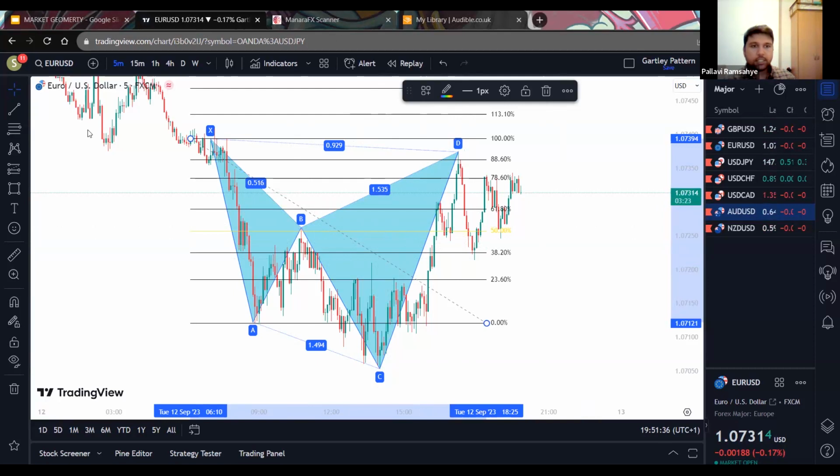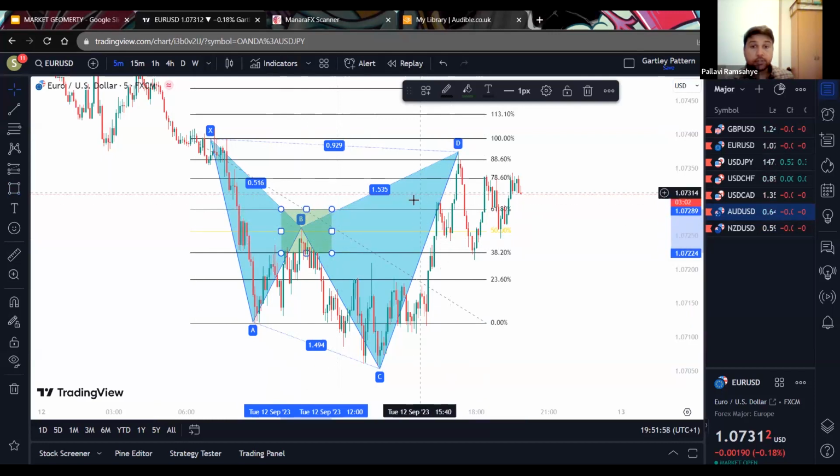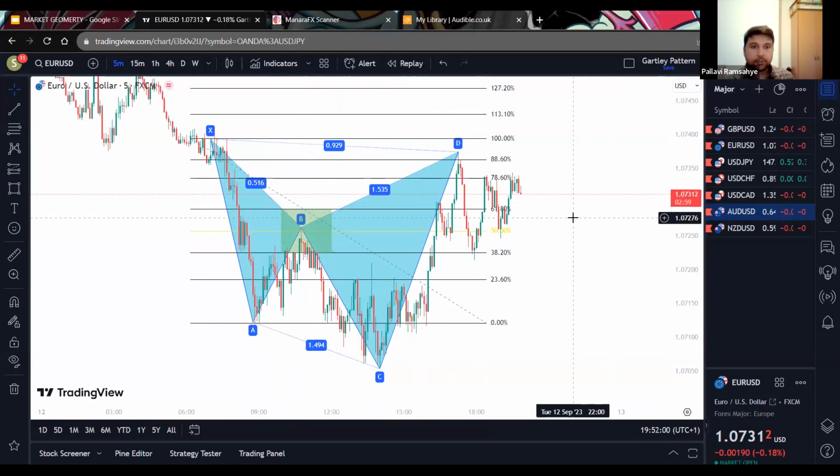Any particular percentages that we're looking for point B? So we're looking for 38.2% and 61.8%. So I'm going to draw up a zone here. Point B needs to retrace between these 2 percentages. So that's the zone that we draw up.